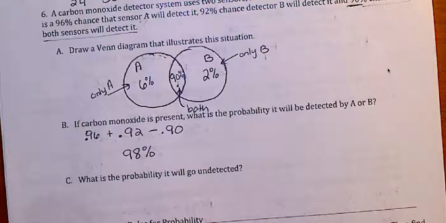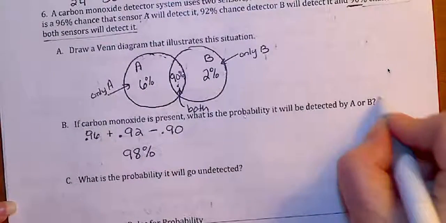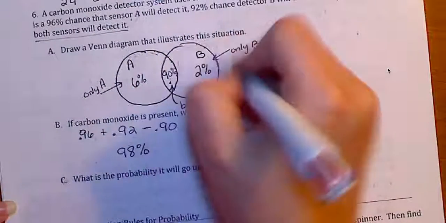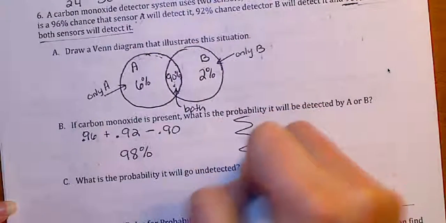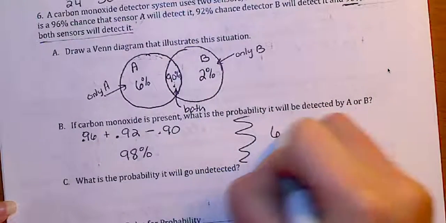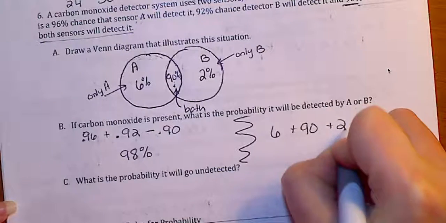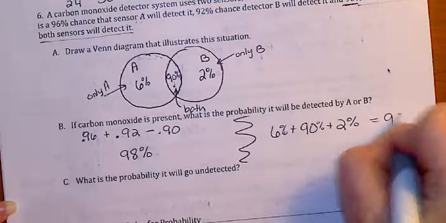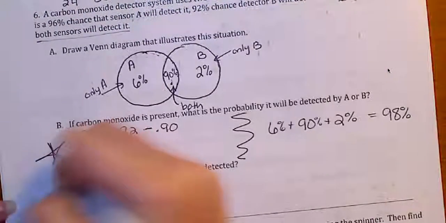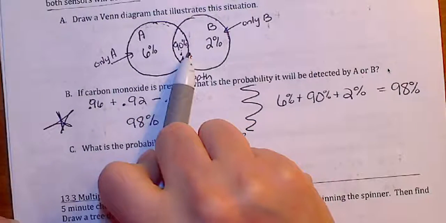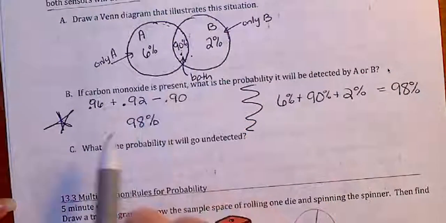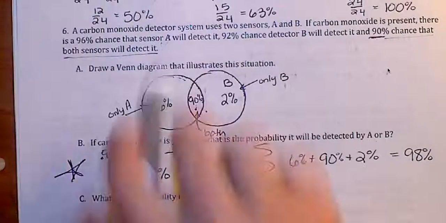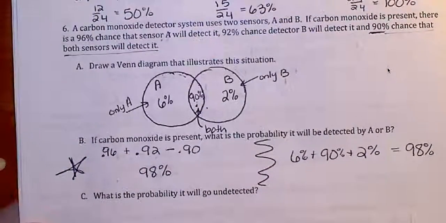The other way you can think about it is A or B means anything in A or anything in B. So you can just add 6% plus 90% plus 2%, and that will also give you the 98%. This is probably the safest way to go, especially if you don't make your Venn diagram correctly. And this also goes along with exactly what we did in all the other problems: add the two probabilities together and subtract where they overlap.